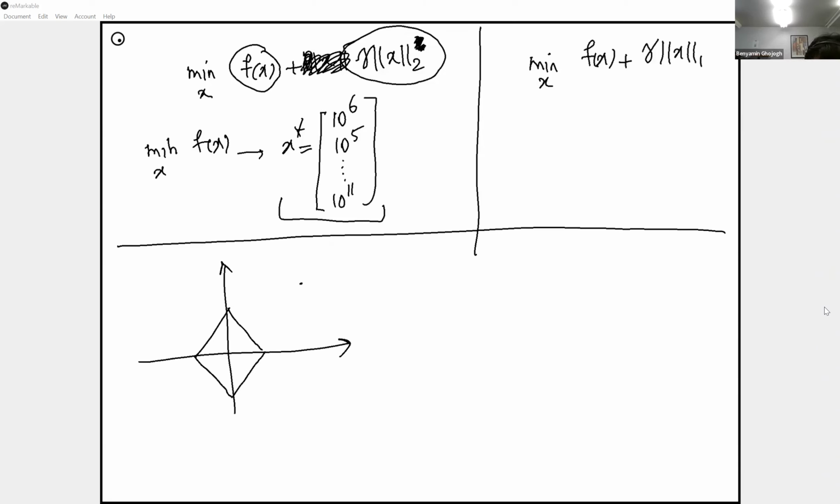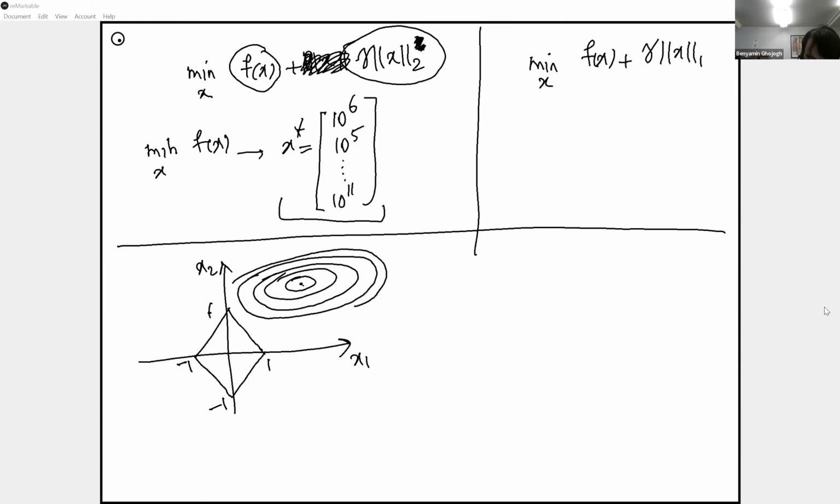Assume you want to optimize the cost function f, but you also want it to be inside the unit ball, for example, the unit ball of the L1 norm. So assume you have a two-dimensional function, and this is the unit ball or a scaled unit ball, doesn't matter, of the L1 norm, and you want to minimize f.